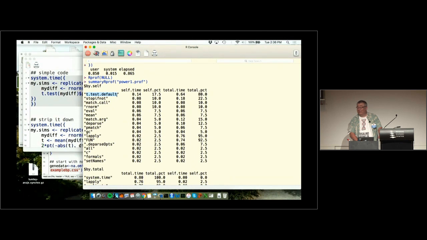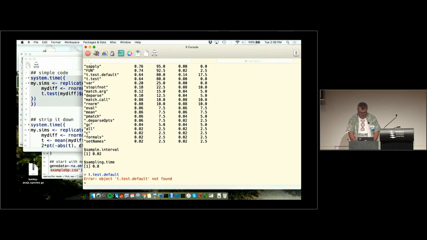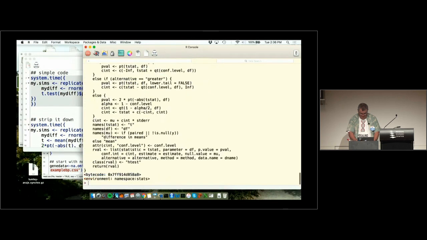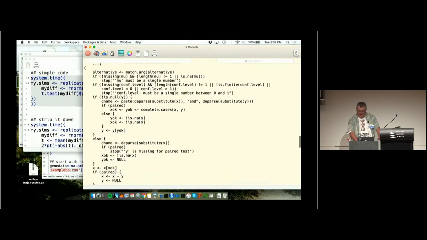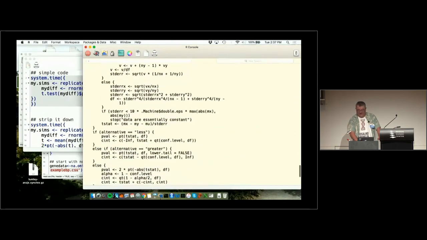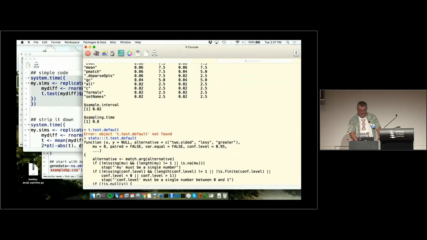We don't need all the output of that code. Well, first we can look at that. There's quite a lot of this, is the first thing you notice, given that a t-test is a relatively simple thing.